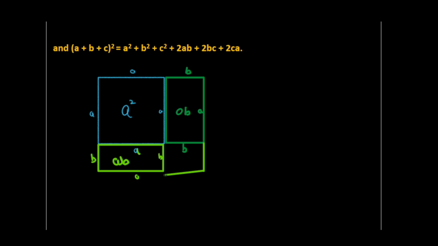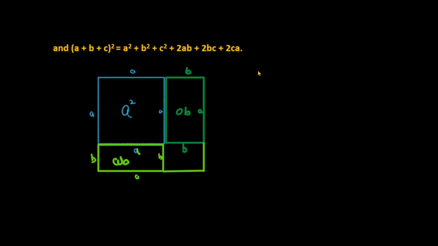Using a square, we are completing this as a regular shape. So now all the sides are B, so the occupied space of this is nothing but B squared.